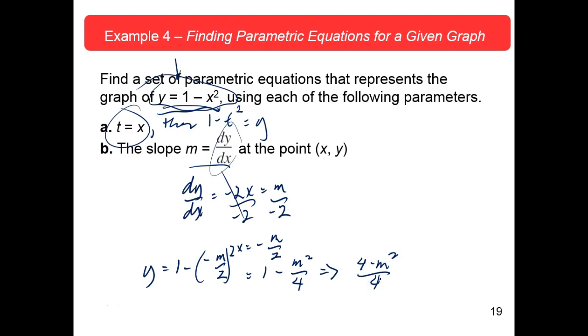That would be your y. Rather bizarre, but okay. x equals m over minus 2, y is equal to 4 minus m squared over 4. I can't for the life of me see why they would want to do that. But that's exactly what they did. Those would be the parametric equations there.